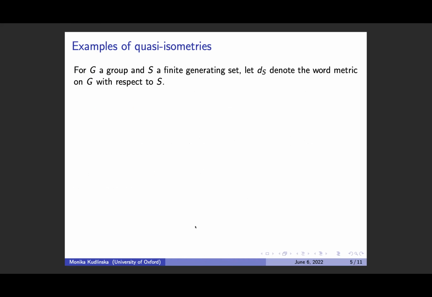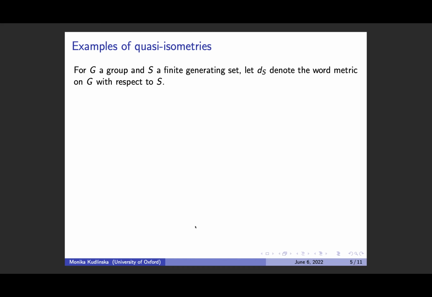So you take some finite generating set S of your group, and you put a norm on the elements where you say the length of an element is the smallest number of generators and their inverses required to express that group element as a word in these generators. And this actually gives you a norm on your group, and you can use this norm to define a metric on the group. We call this the word metric with respect to this finite generating set.